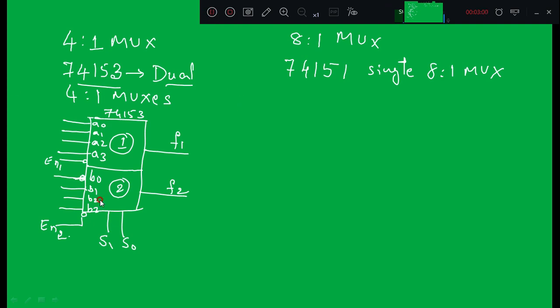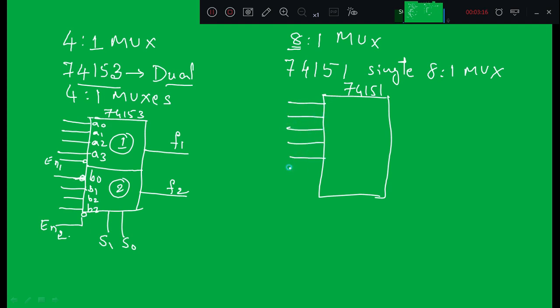Next, the symbolic form of the 8:1 mux, which is the 74151 IC. How many data lines do we require for an 8:1 mux? Total 8 data lines, numbered D0, D1, D2, D3, D4, D5, D6 and D7.